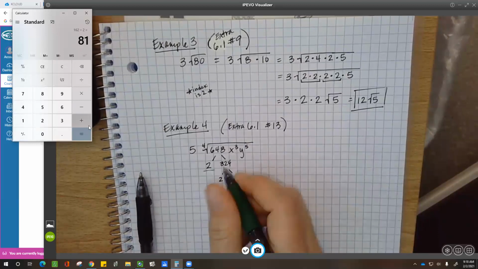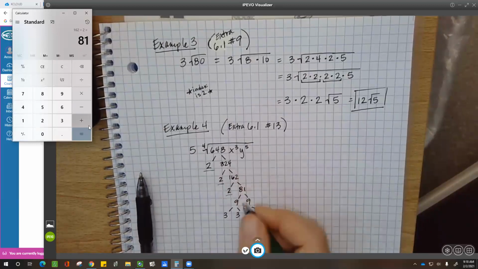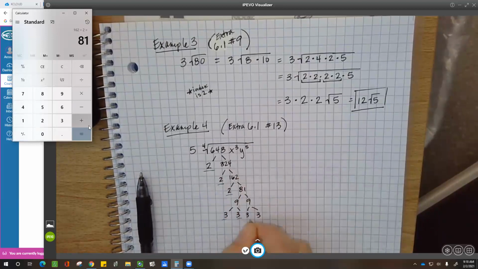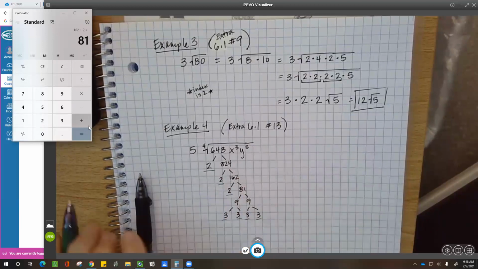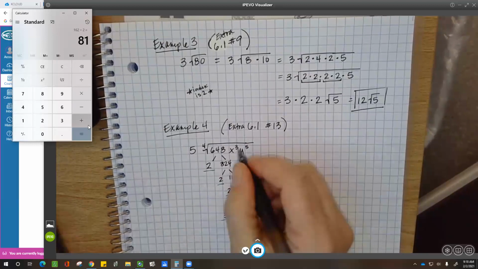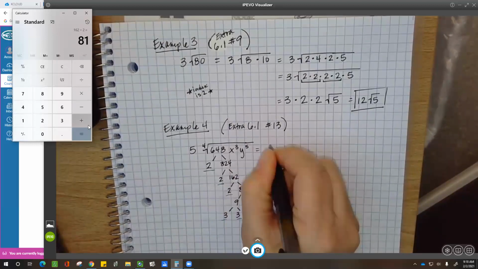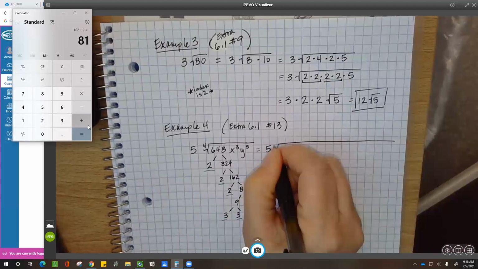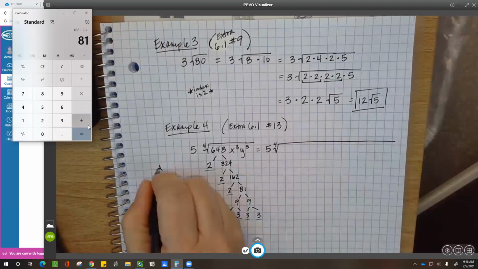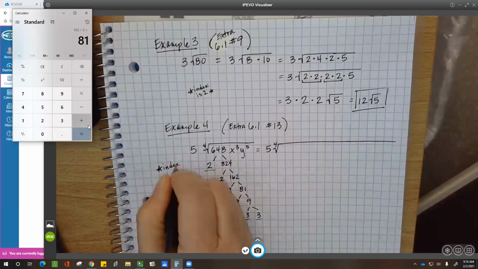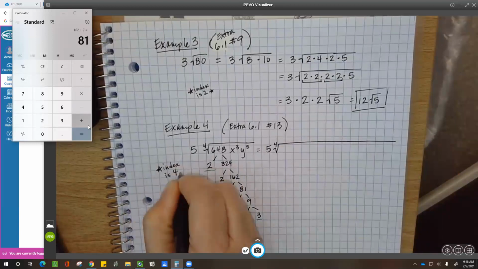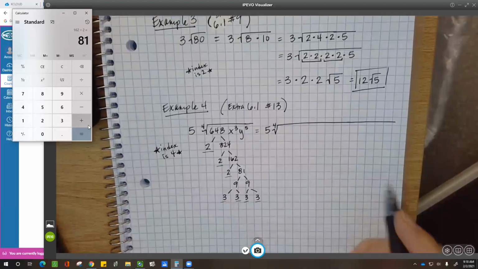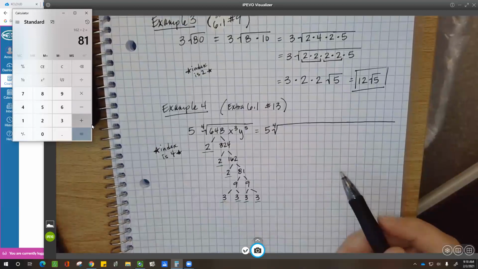2 times 2 times 2 times 3, 4 3s. Make sure when you rewrite this that you keep your index. My index is 4, which means I'll have to have 4 matching factors to be able to simplify.